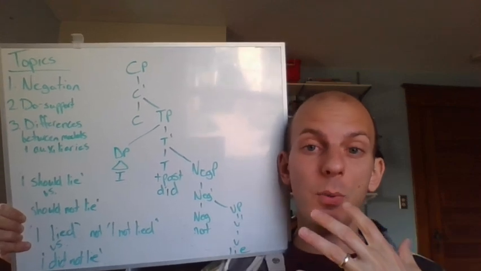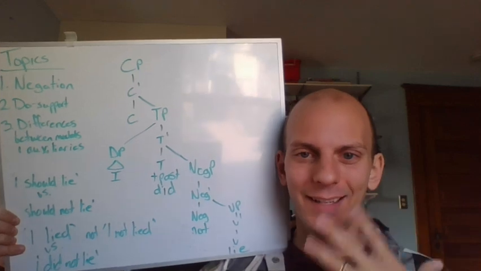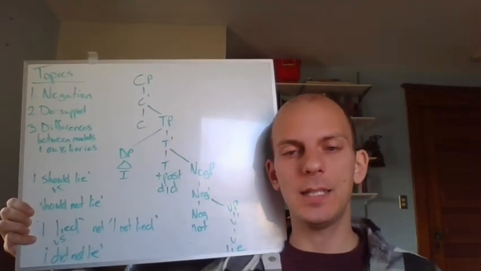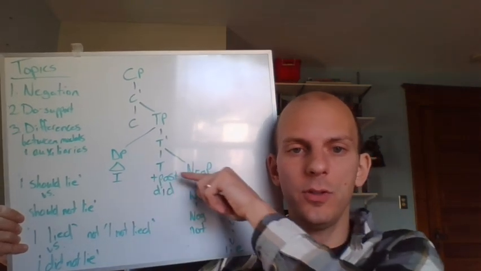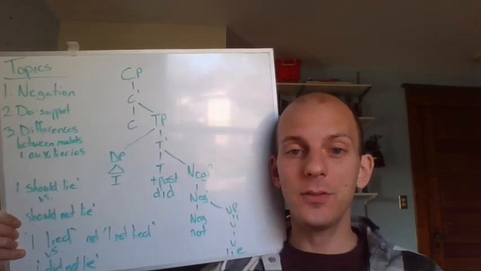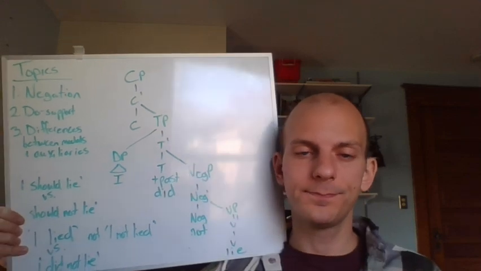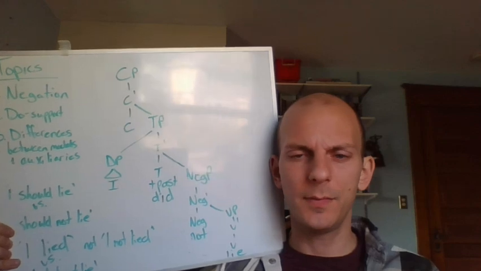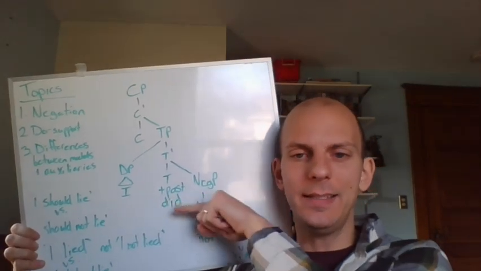So it's when we get to a point in the sentence where we're clearly missing something, something breaks. That something can either be, oh shoot, I don't have a subject, give me an it, to satisfy the EPP. Or it can be, oh shoot, my plus past affix needs to attach to something and it can't, let's add in a do. They're very similar operations. That's called do support. And so now we've explained "I did not lie."